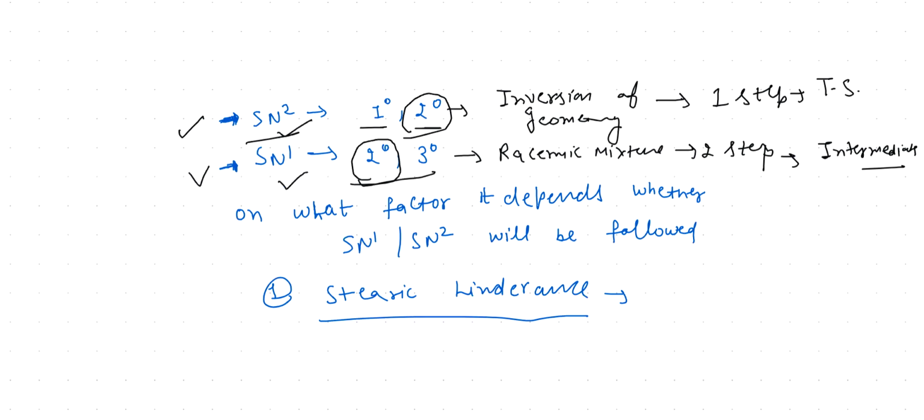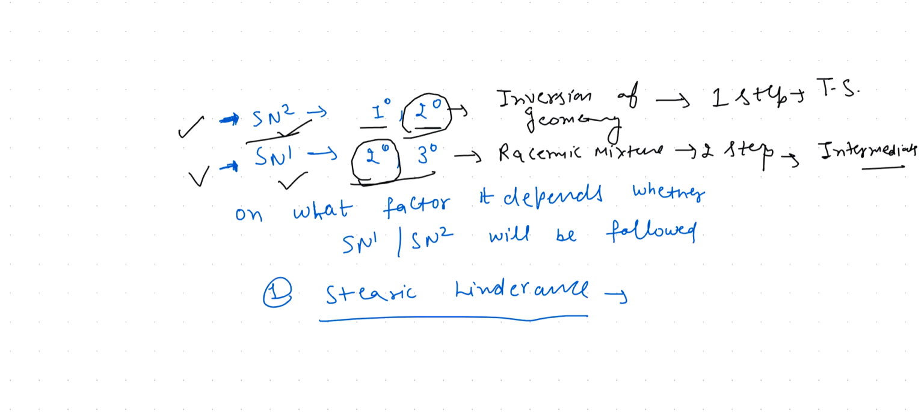It can follow both mechanisms. So basically, on what factor does it depend whether the reactant will follow the SN1 or SN2 mechanism? There are so many kinds of substrates. Here we have just discussed alkyl halides, which are primary, secondary, and tertiary in nature.